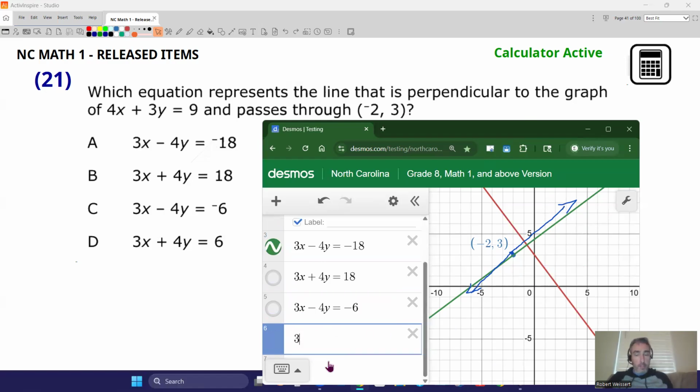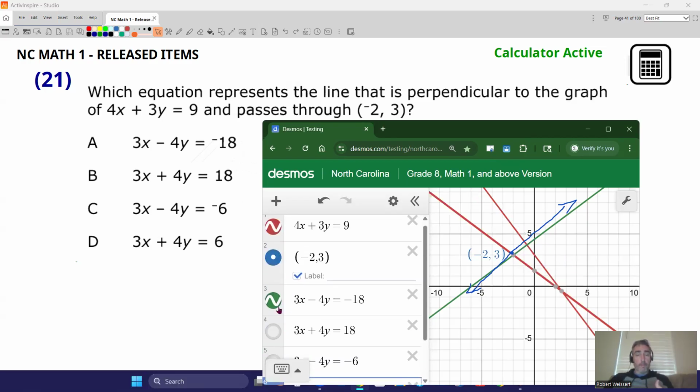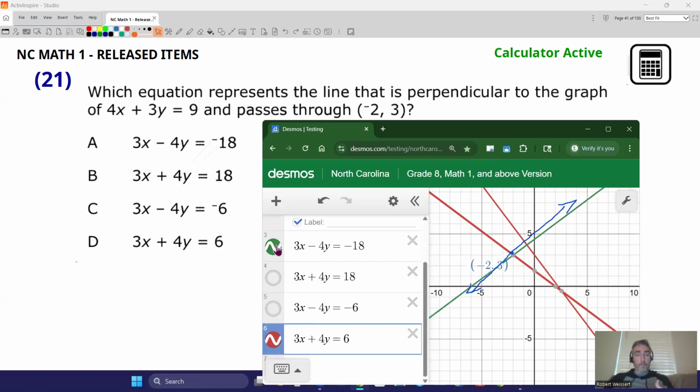And then 3x plus 4y equals 6. Once again, we have a line that is not perpendicular. It does cross the point negative 2, 3, but it's not perpendicular. So out of these choices, the one that is perpendicular is 3x minus 4y equals negative 18. So that's going to be your answer.